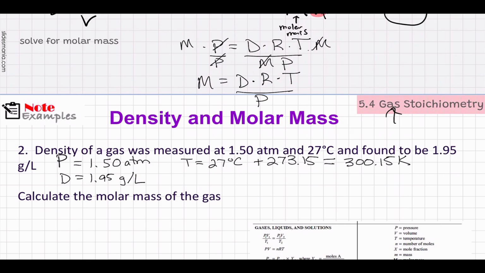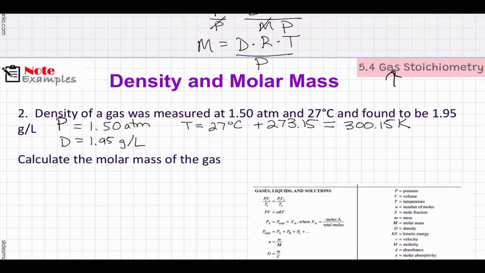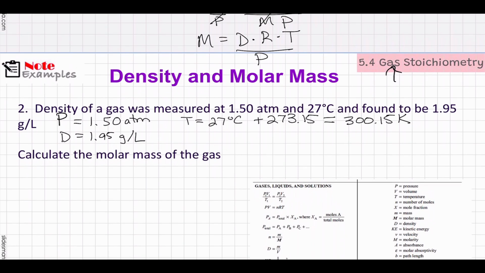So in this question, I want to calculate molar mass. So again, I just did this previously. I'll do it again really quickly. PV equals nRT. We can substitute mass over molar mass for n, and then we'd still have the RT. We can then divide by volume.